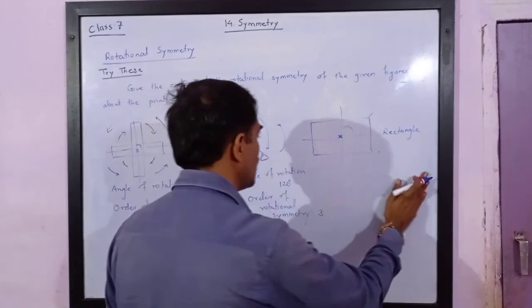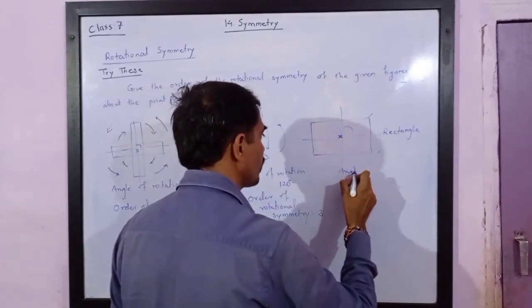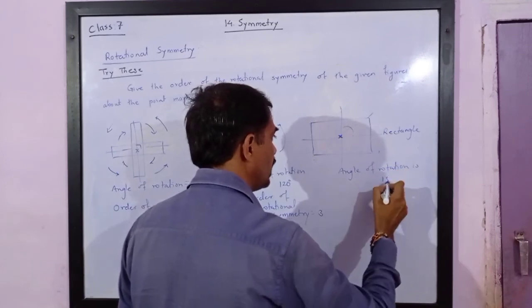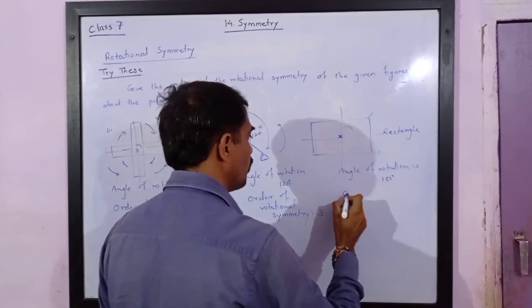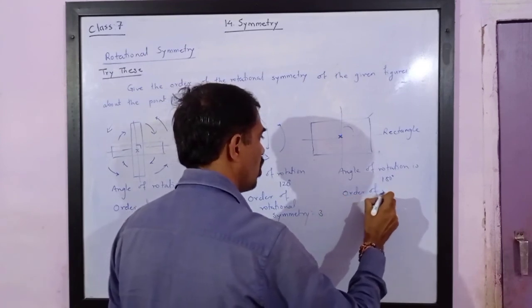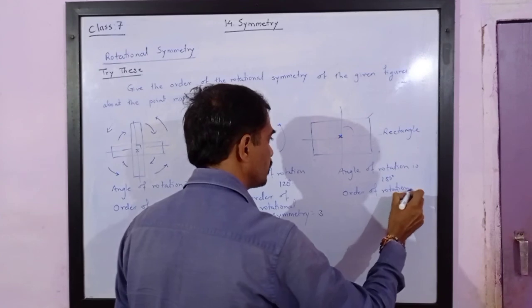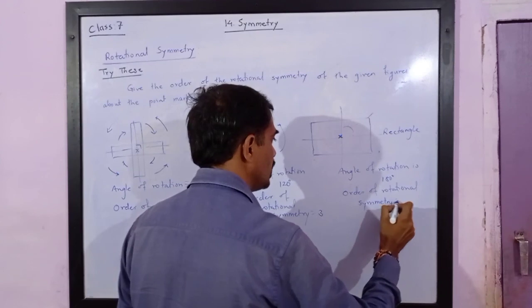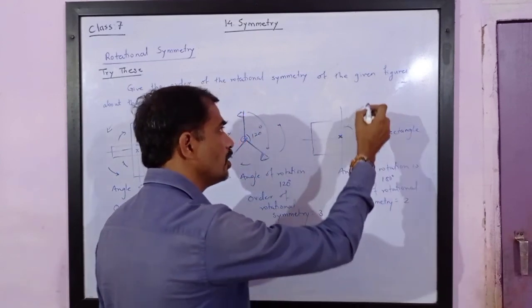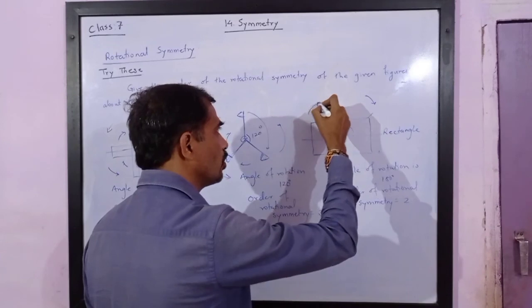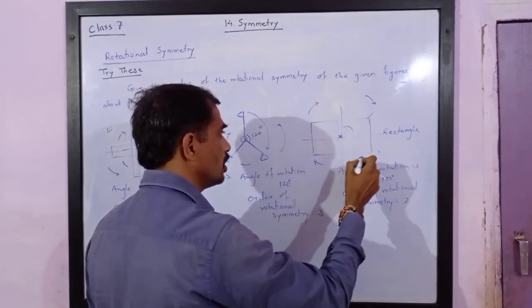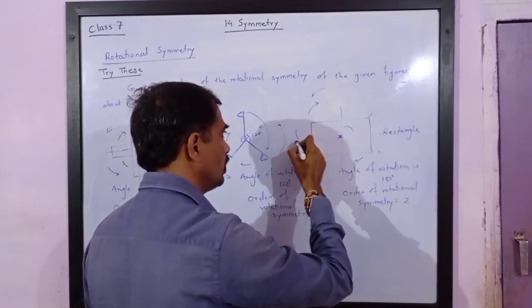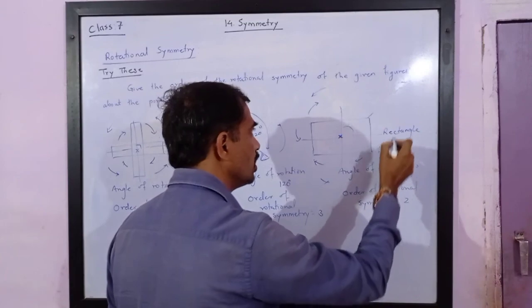So in this case, the angle of rotation is 180 degrees, and the order of rotational symmetry is equal to 2. Please note, again, whether you rotate it in clockwise direction or in anti-clockwise direction, you will get the rotational symmetry.